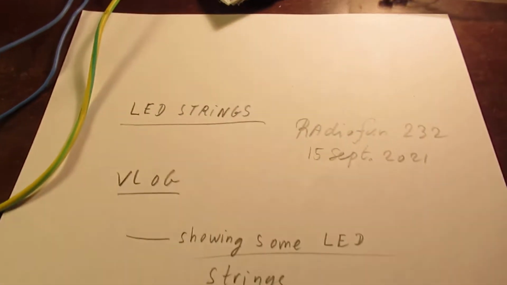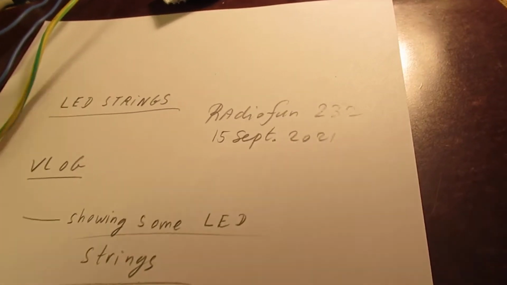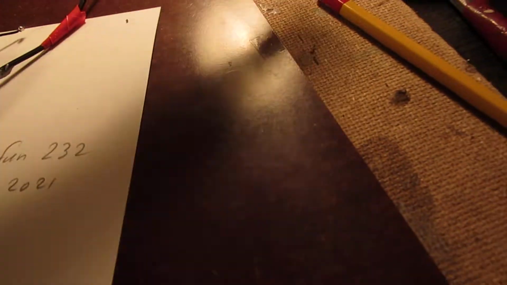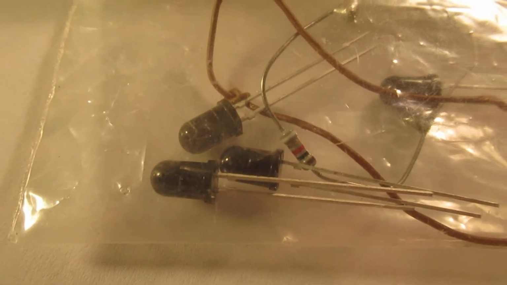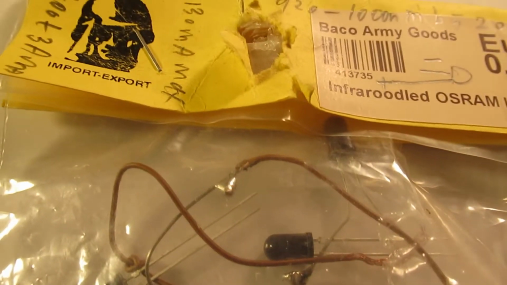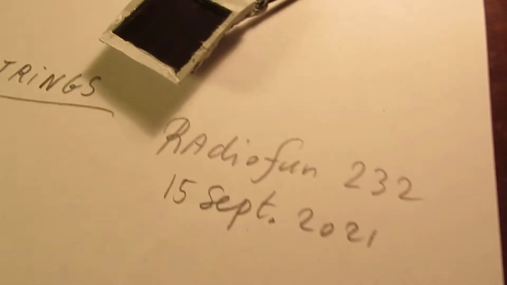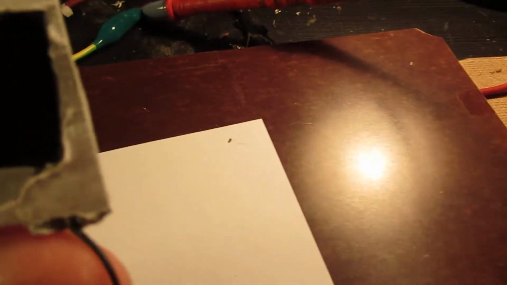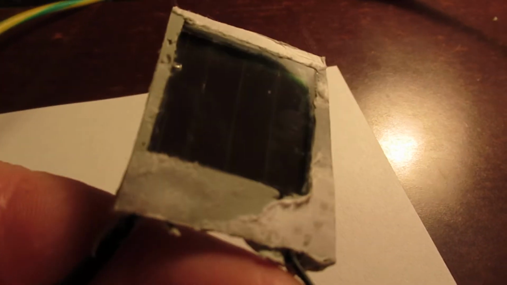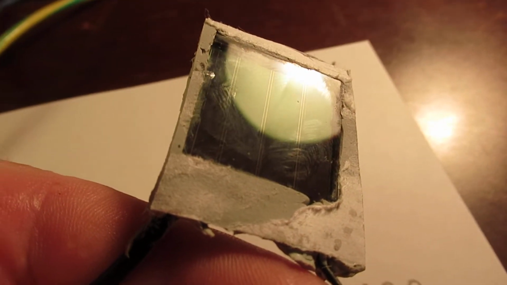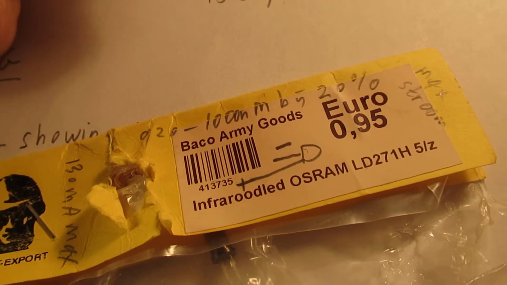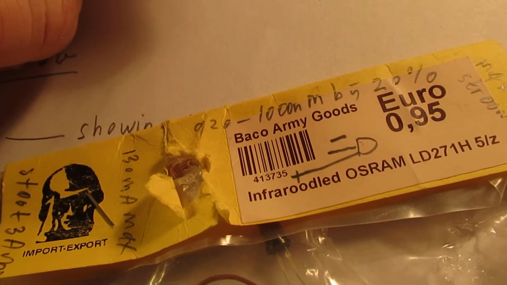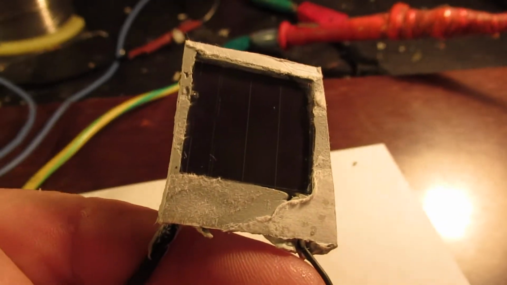Perhaps interesting to tell only as a kind of intermezzo. I had a few infrared diodes here, and tried with such a normal small solar panel, and I shined the light of these ultraviolet diodes on it, and it didn't work.